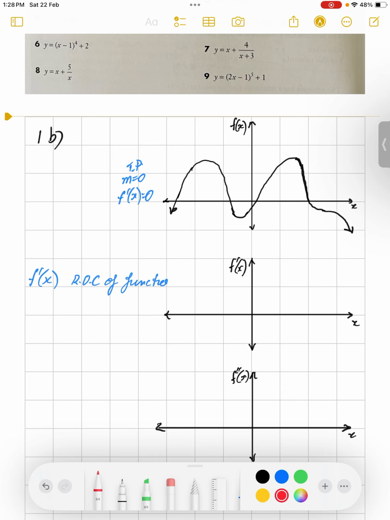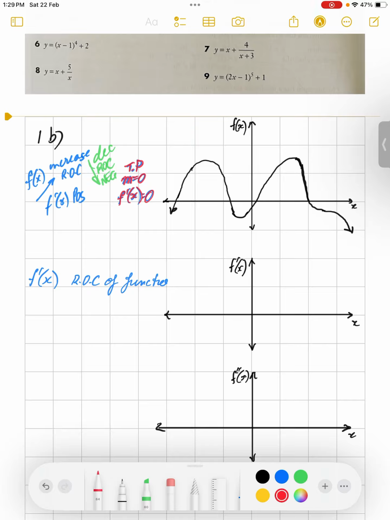I'll use red when the turning point is, the gradients are 0, and then blue when f of x is increasing, the first derivative will be positive, and when the function's decreasing, the rate of change is negative. The rate of change is a negative value.